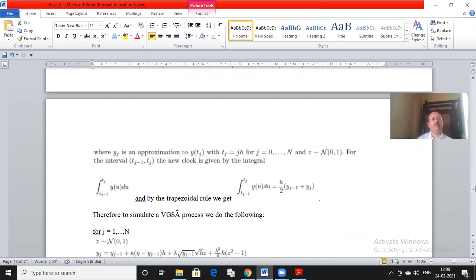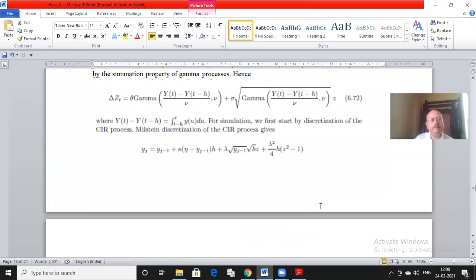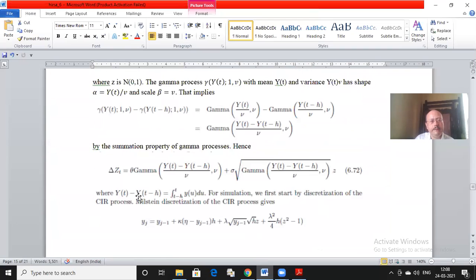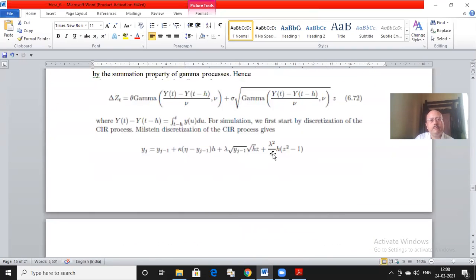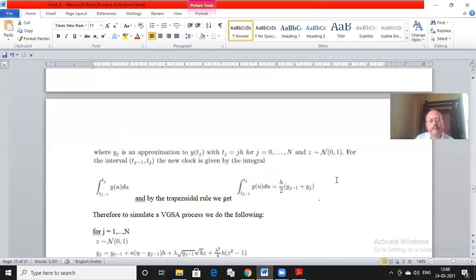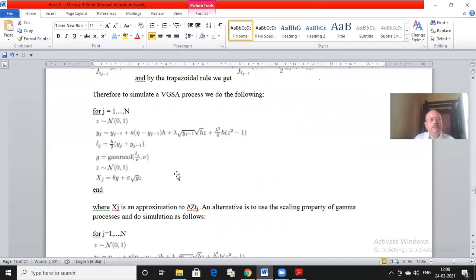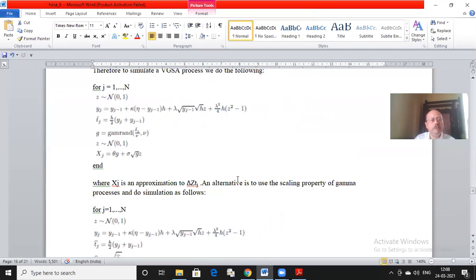And we use a trapezoidal rule to evaluate that integral, a simple trapezoidal rule. So this integral will be replaced by h by 2 times the average of these two values. So I have the arrival process here in terms of a trapezoidal rule, and I know that it is related like this. So to simulate the VGSA, we will do the following.